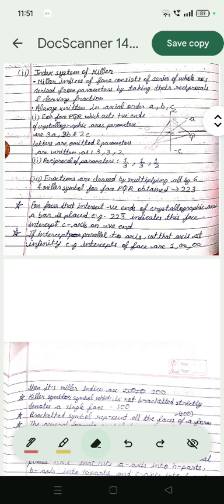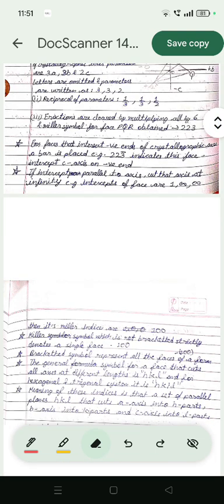And if a face is parallel to an axis, it means that it cuts that axis at infinity. For example, if the intercepts of a face are 1, infinity, infinity, it means it cuts the B and C axes at infinity. Then its Miller indices are written as 1 0 0. We represent infinity as 0.